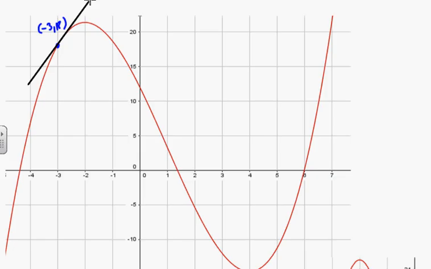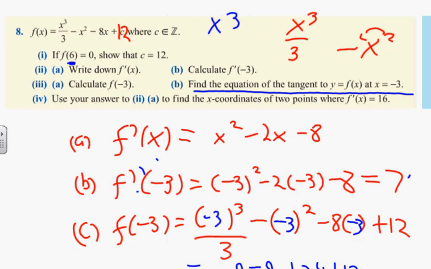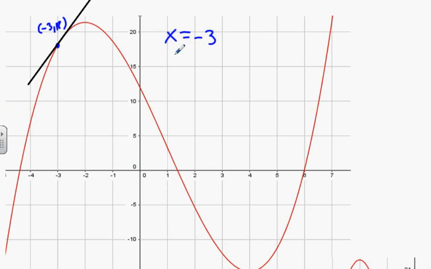Okay. Now, how do we actually get the slope of the tangent again? We differentiate once and we replace x with minus 3. Okay, and we've actually already done that in part B. So part B gave us an answer of 7, the positive slope we were expecting. Okay, so the slope equals 7.